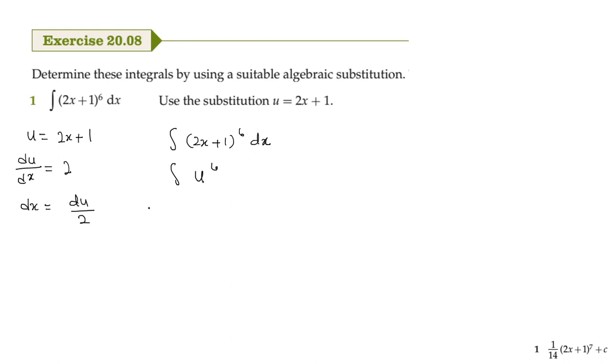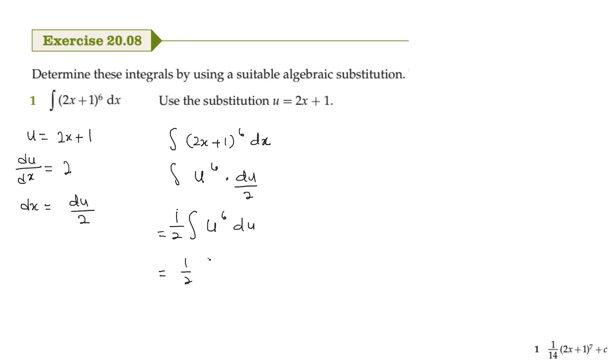Then our dx we substitute with du over 2. Now your integrand becomes simpler to integrate. Since you have the denominator of 2, put it outside, and focus on integrating u to the power of 6 in terms of u.